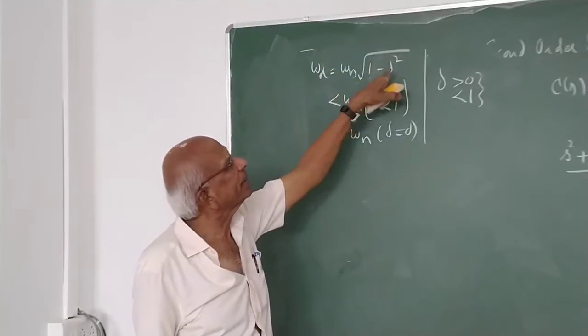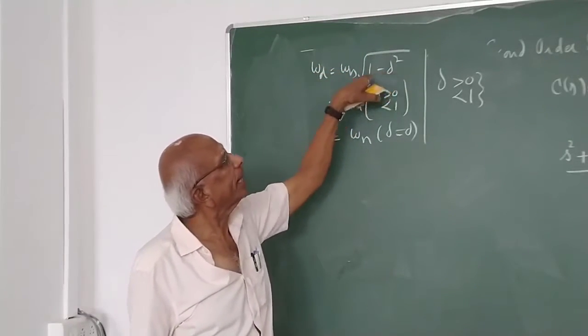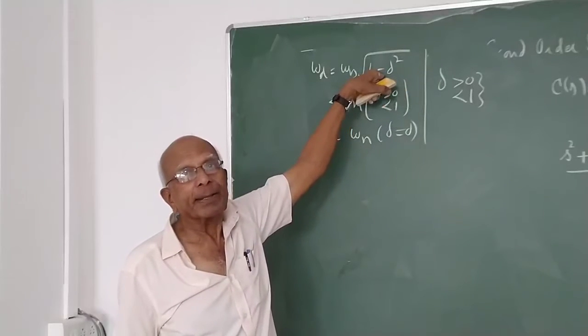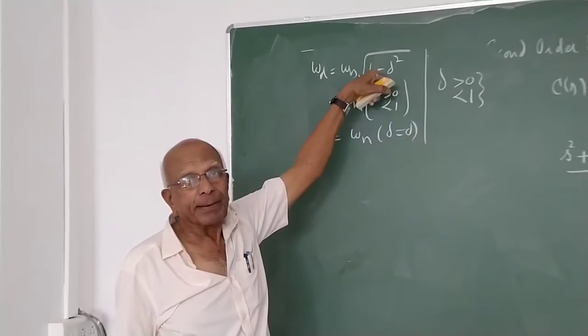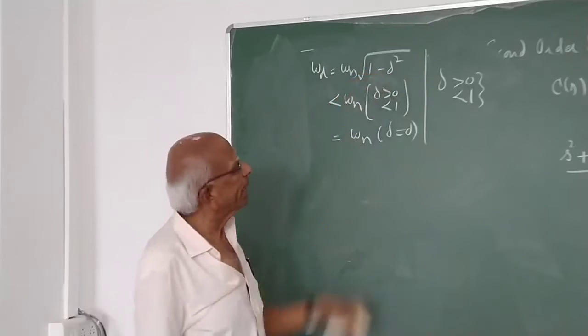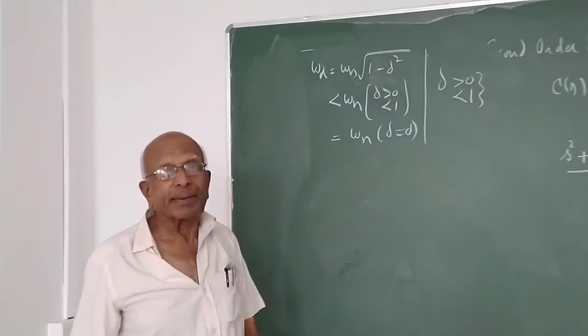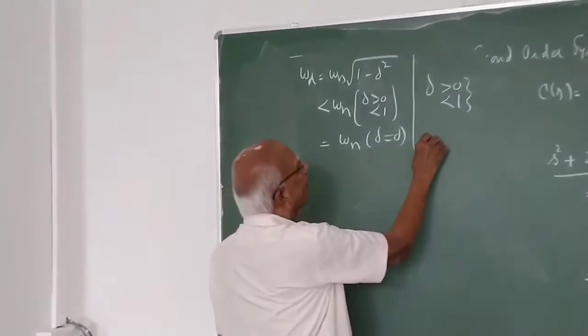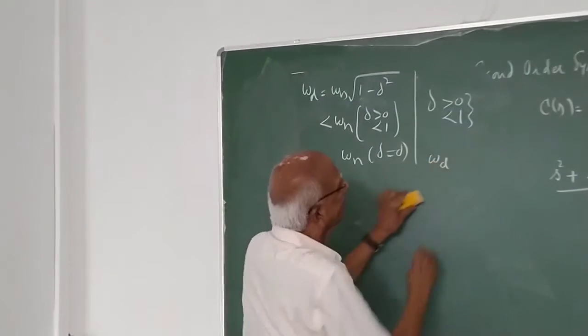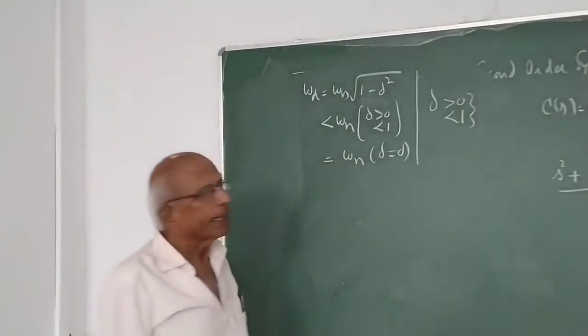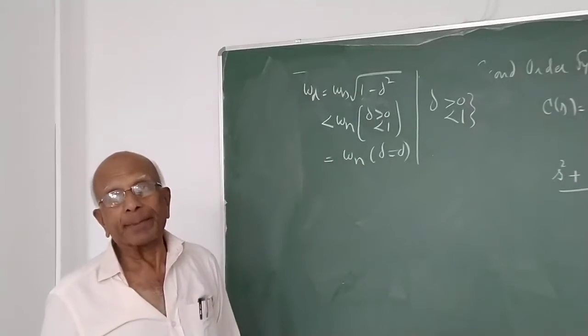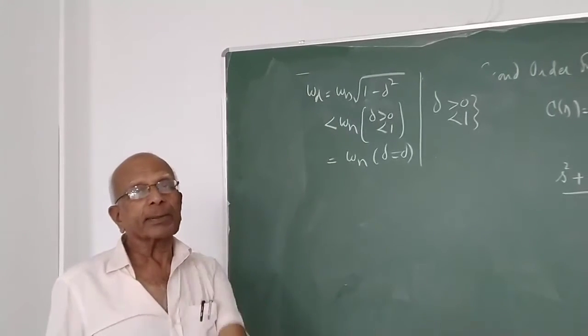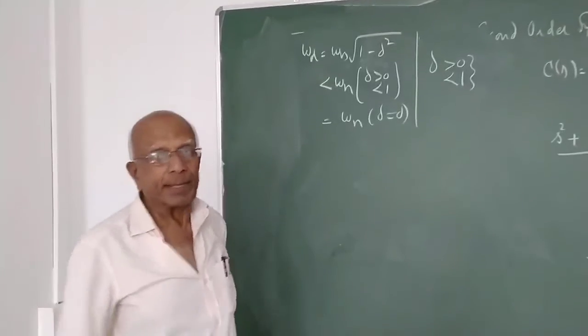Delta greater than 1 means this will be greater than 1 numerically but negative, which means it is not existing. Natural frequency means you are going backwards. Therefore omega d becoming complex or imaginary is unwelcome. If that is so, you are going to redesign the system.